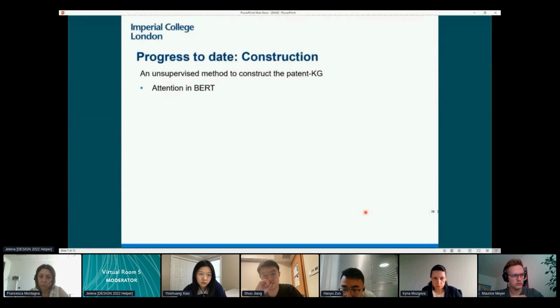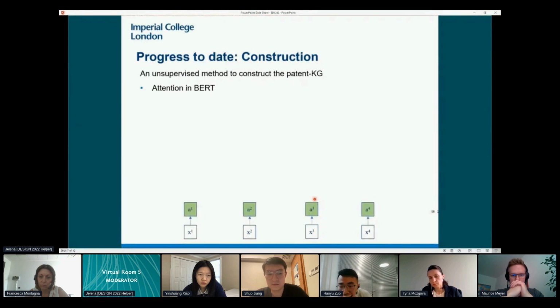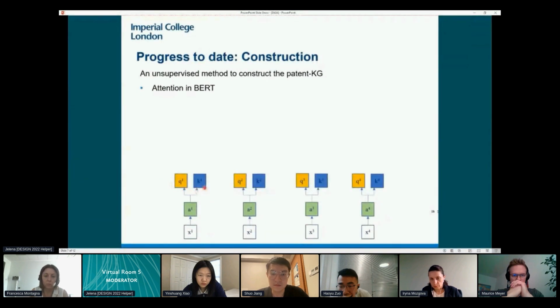We will illustrate how attention is calculated and what attention should look like to give you an understanding of it. So firstly, the input tokens x1, x2, x3 are transformed into a sequence of vectors a1, a2, a3, a4. Then each vector is transformed into a query vector and a key vector by the linear transformation. Start with the query vector q1 here.